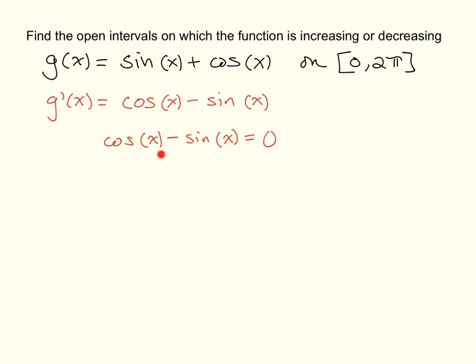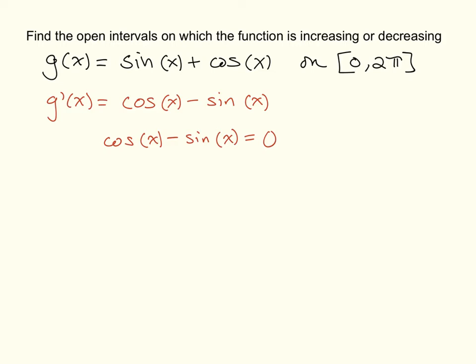The cosine function is defined for all x values as well as the sine function. So this derivative is defined everywhere. That means there are no critical values that we can find where this derivative does not exist.